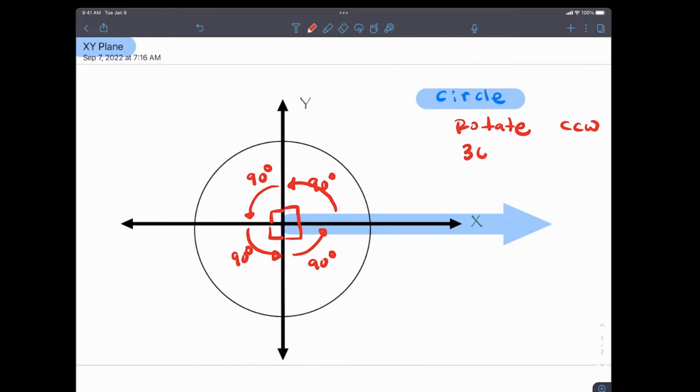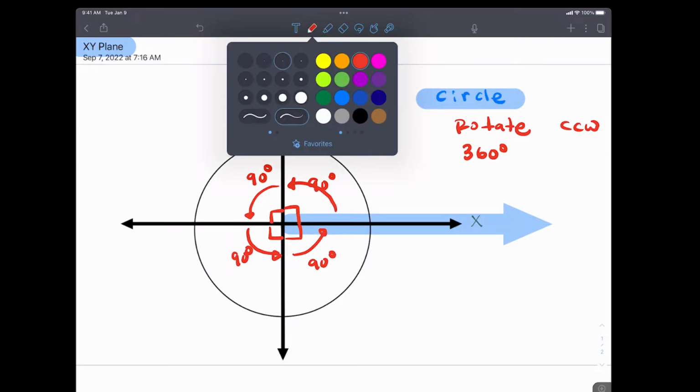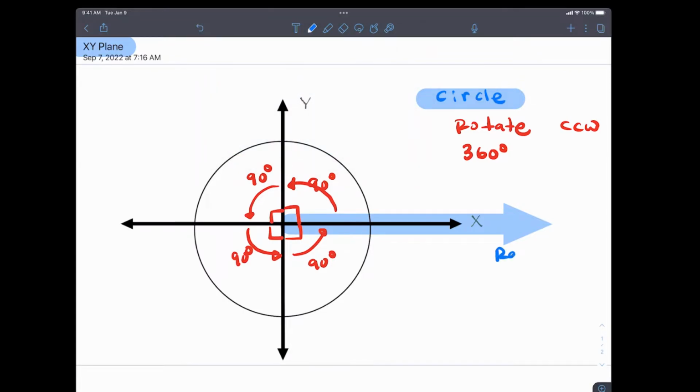That's 360 degrees. Aren't you at the same location where you started? This ray that we talked about is at the same starting point. Do you guys agree with me on that?